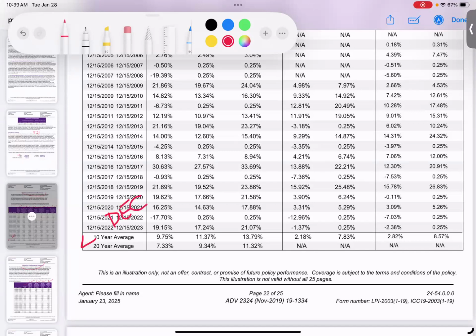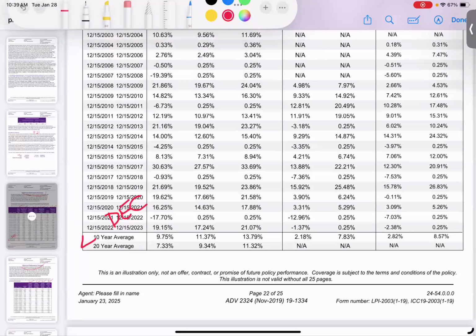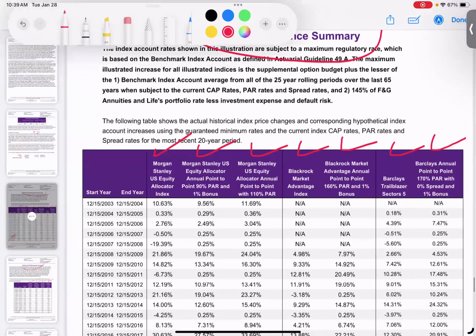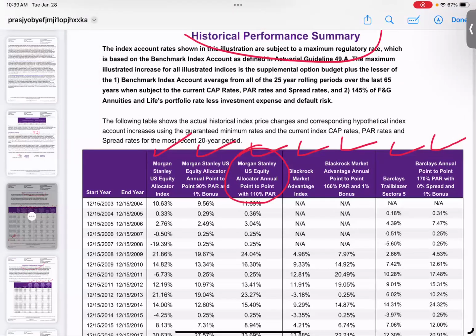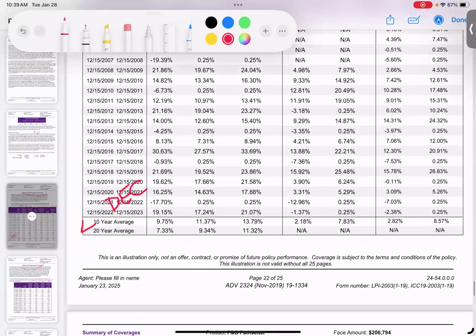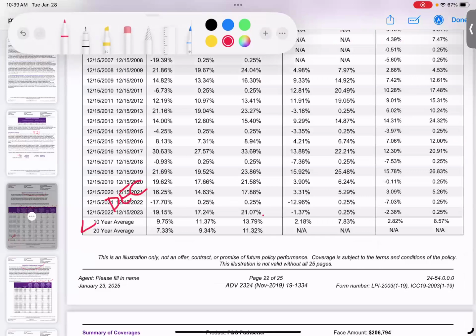So if you had your money in, let's just look at this one, I love this one, the BlackRock Asset Equity Allocator, right? If you had your money there for 10 years, guess what you would have made? Almost 14% on your money. If you would have had your money in the BlackRock Asset Allocator Equity Series, 140% par, for 20 years, you would have got almost 11% on your money.